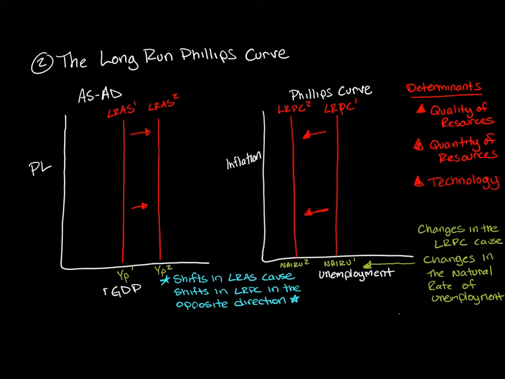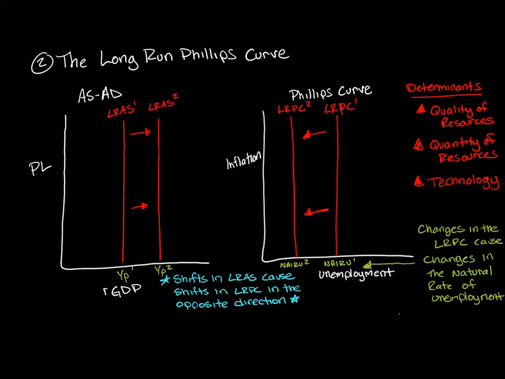So looking at the aggregate supply and aggregate demand model, you'll see that I have long-run aggregate supply drawn here. And long-run aggregate supply, you may recall, shows that there is no long-run relationship between changes in the aggregate price level and changes in real productivity. And that's because in the long run, we presume that workers' wages are perfectly flexible. And if workers' wages are perfectly flexible, then increases in the price level are met with increases in their nominal wages, and you never see that slow erosion of real wages the way that we do in the short run.